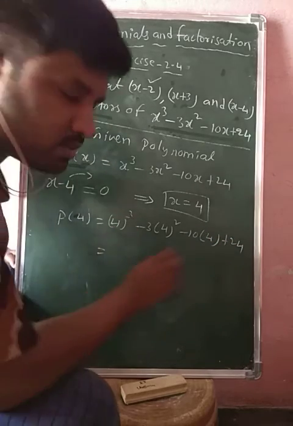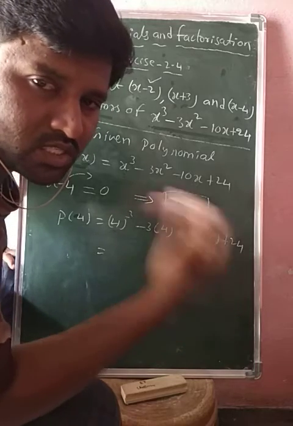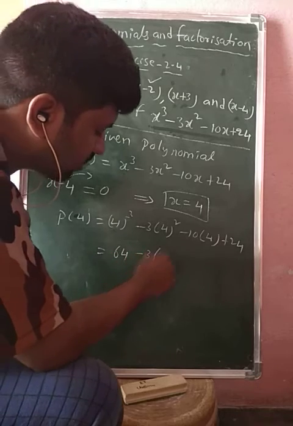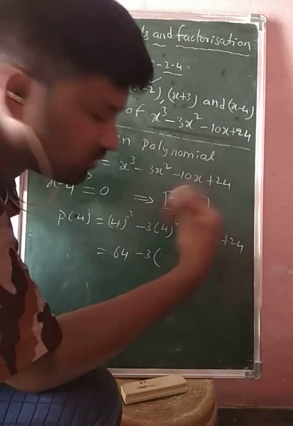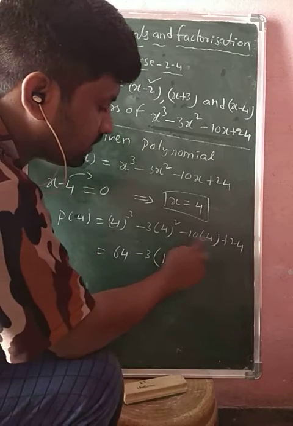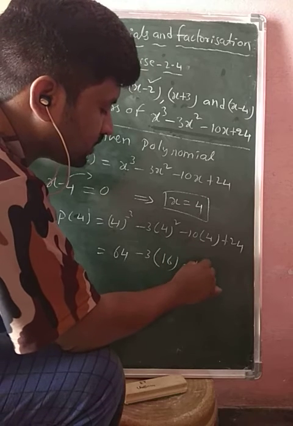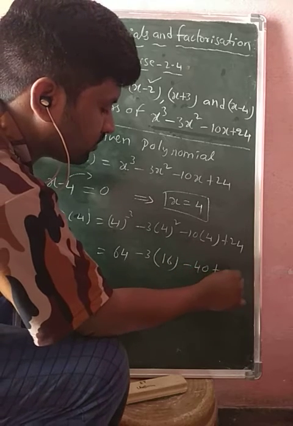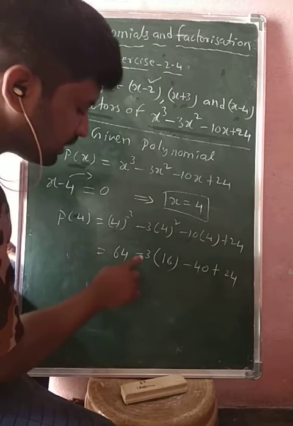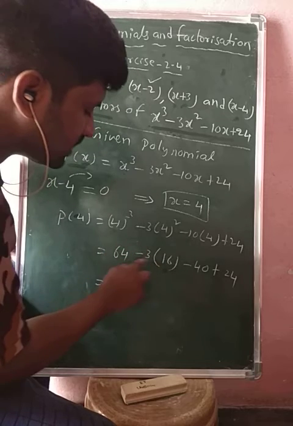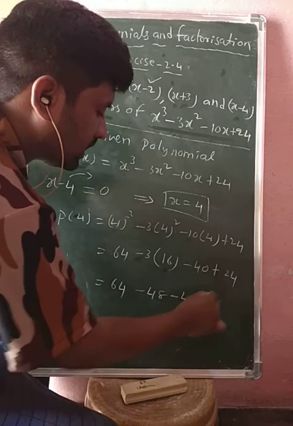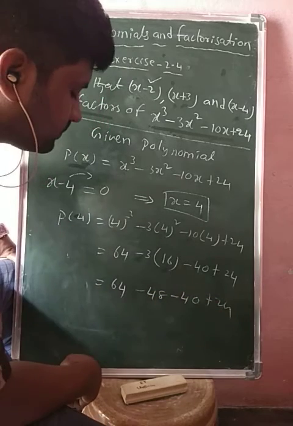That is 4 raised to the power 3: 4 4s are 16, 16 4s are 64. Minus 3 of 4 whole square, that is 4 4s are 16. Minus 10 into 4, that is minus 40, plus 24. Now 64 means 64 only. Minus 3 into 16, that is minus 48, minus 40 plus 24.